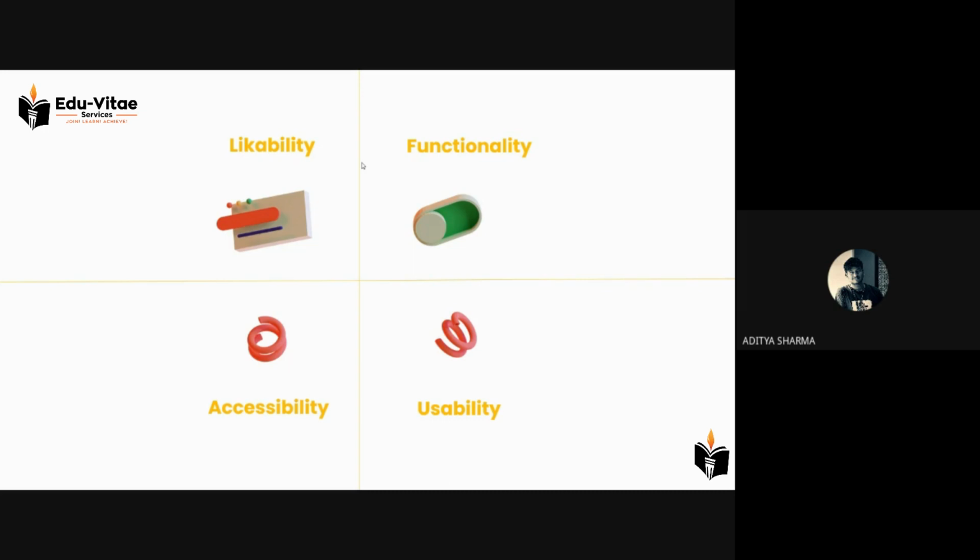And then comes the fourth pillar, which is accessibility. Whenever we talk about accessibility, we talk about especially abled people, like people who are blind or have some kind of disability. The purpose is to make a design in a way that it becomes accessible to every single individual.